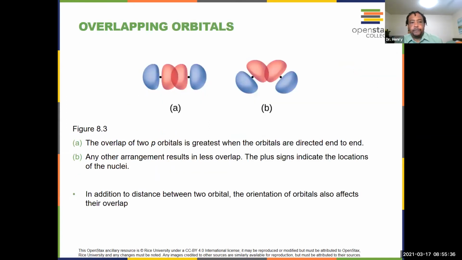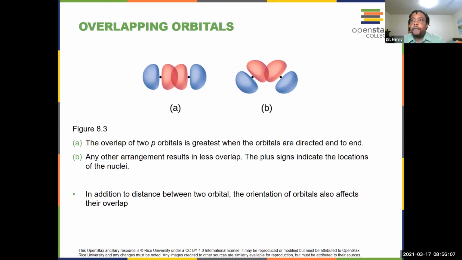Okay, so here is the same figure I showed you earlier. These are basically two p orbitals that are overlapping. In this case, A, where you have end-to-end overlap, can be better than other arrangements where we have side or catty-corner overlap.